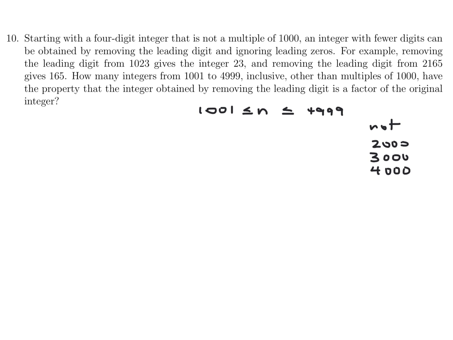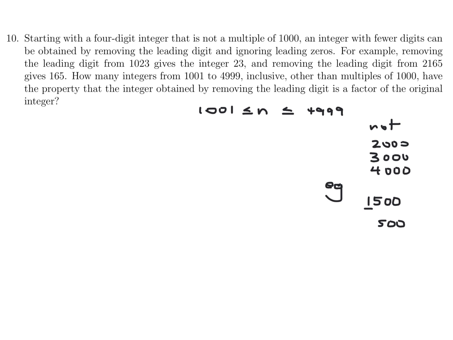Before I get into this, let me just give an example of what they're talking about. I think an example would be 1,500. Let me explain. When you remove the leading digit, which in this case is 1, the number you are left with is 500. And that is indeed a factor of the original number.